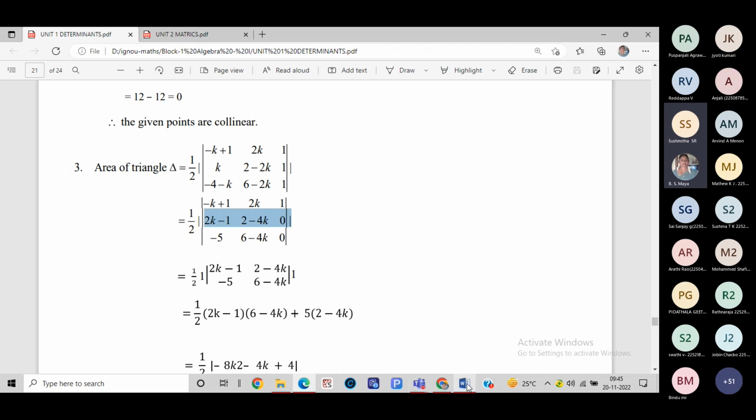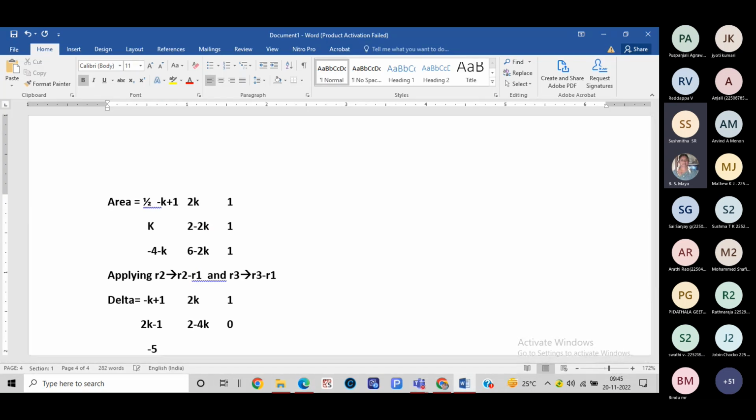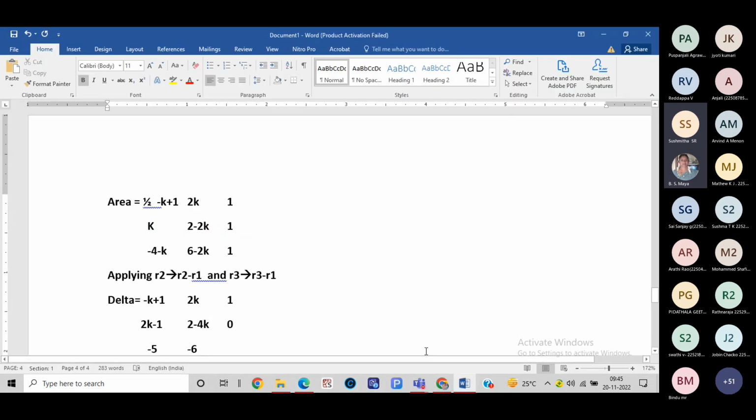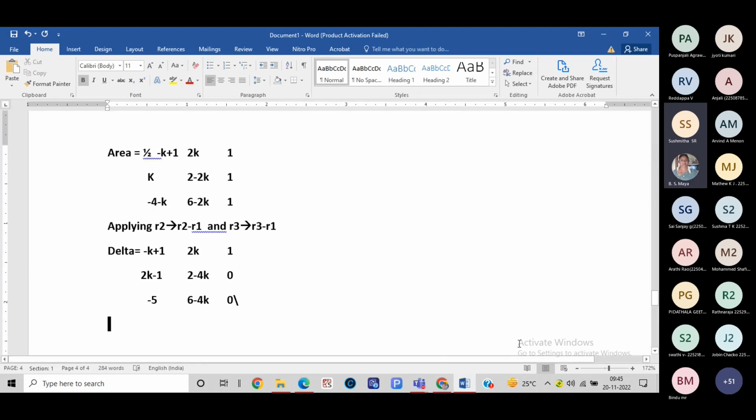Yes, the answer is correct. What about the next? 6 minus 2k minus 2k, then 6 minus 4k. Yes, 6 minus 4k. Next, 0. Okay, let me do the simplification now.